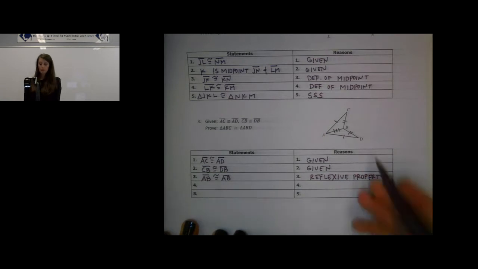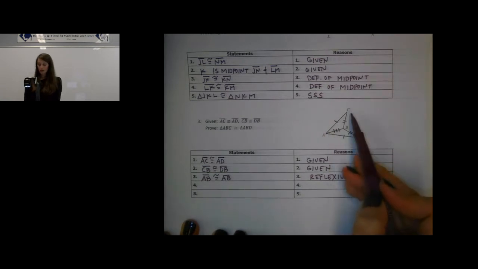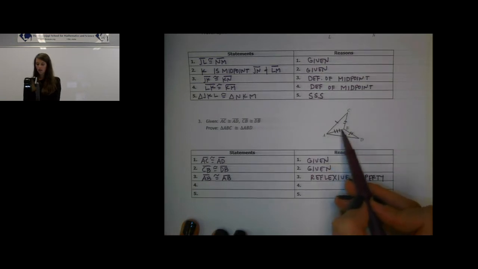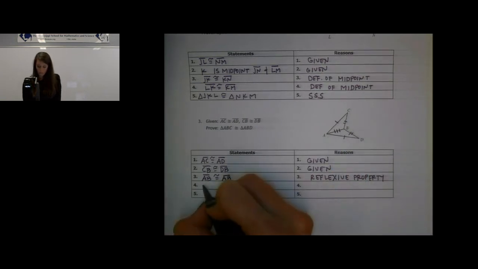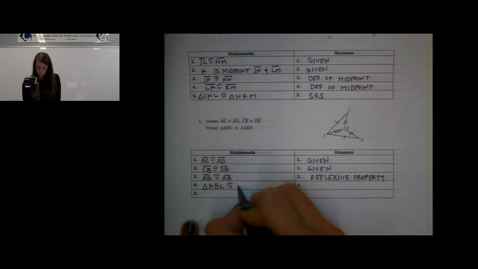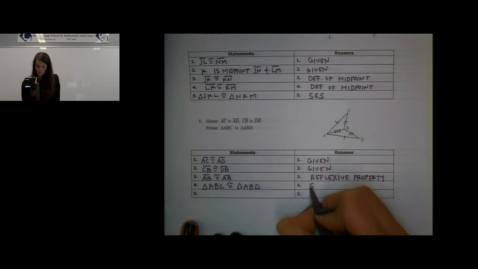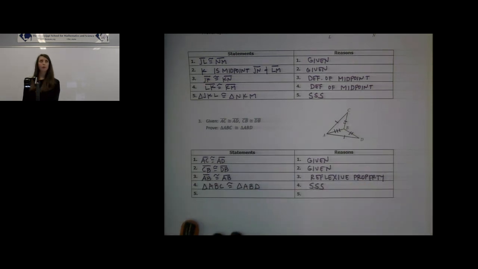Now triangle ABC is going to be congruent to ABD because all sides now are congruent. Okay? Next is side, angle, side.